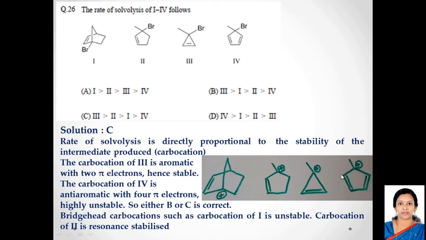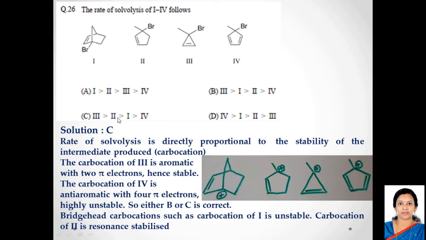So when you have a system with 4 pi electrons, it is anti-aromatic. So this is a highly unstable carbocation. So compound 3 carbocation will have the highest rate of solvolysis, and compound 4 carbocation will have the least rate of solvolysis. So either B or C is the correct answer.